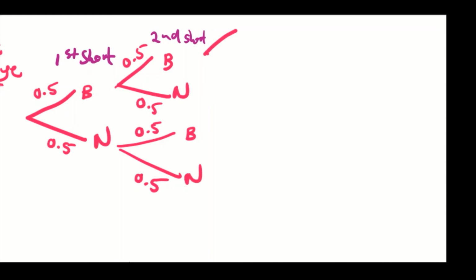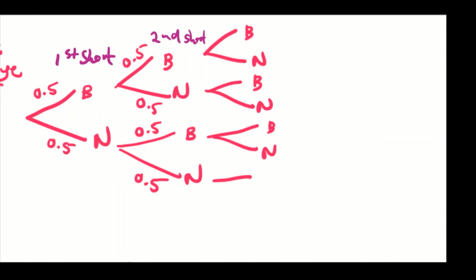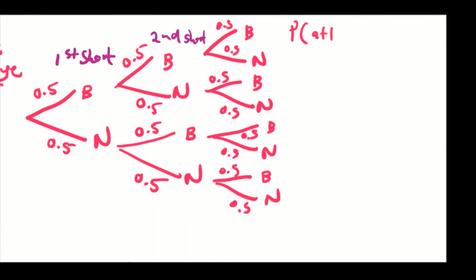So here it's going to be B and N, and here B and N, and here B and N. So it's going to be 0.5 on every branch. We want to find the probability of at least 2 shots hitting the bull's eye, right?